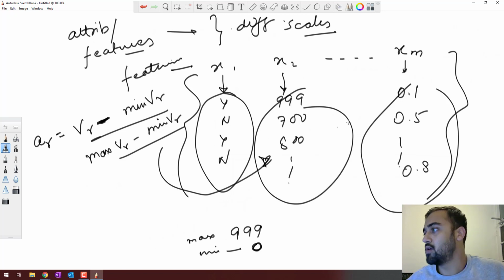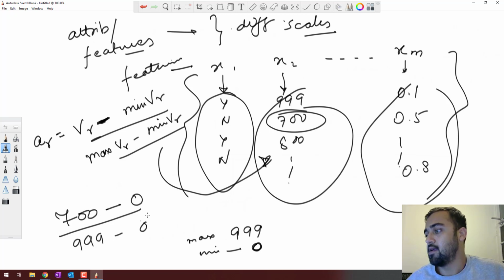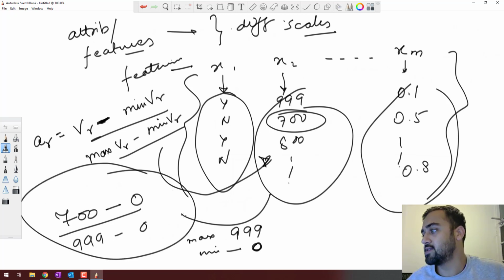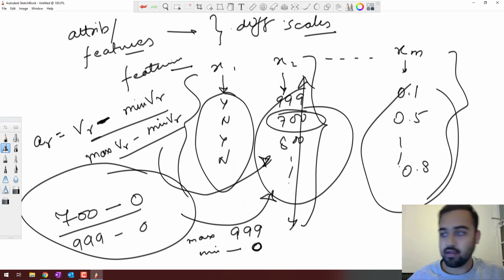So in order to scale it or normalize it, let's take the value 700. We subtract the minimum, 0. This would give us the normalized value for 700. We do this for all the data points and we get the normalized value for all of them.